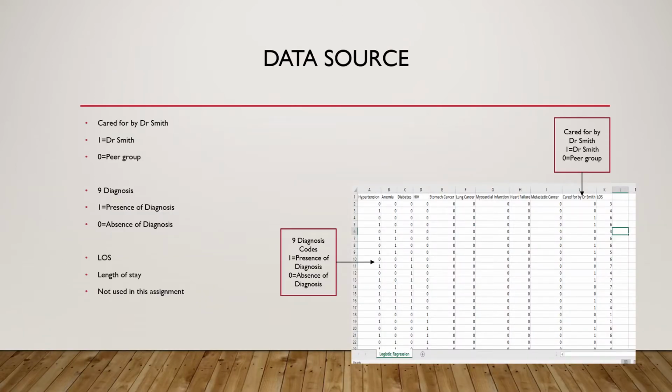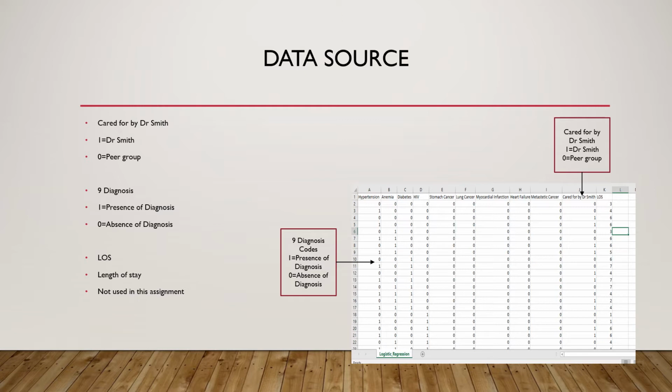First, we look at the data used for Question 3. We see the headers at the top with 9 diagnoses, which are all binary. 1 equals presence of diagnosis and 0 equals absence of diagnosis. Next, we see the column named cared for by Dr. Smith, which is also binary. 1 equals patient was cared for by Dr. Smith, and 0 equals patient was cared for by peer group.